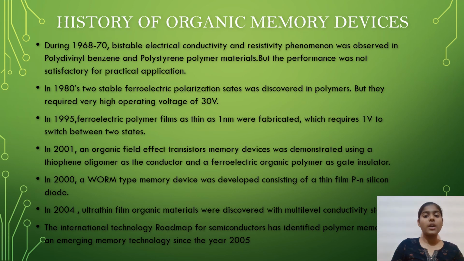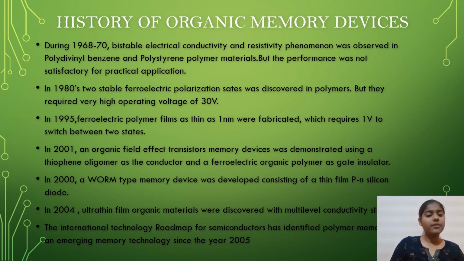Next, history of organic memory devices. During 1968 and 70, bistable electrical conductivity and resistivity phenomenon was observed in polydivinyl benzene and polystyrene polymer materials, but the performance was not satisfactory for practical application. In 1980s, two stable ferroelectric polarization states were discovered in polymers, but they required a very high operating voltage of 30 volts.